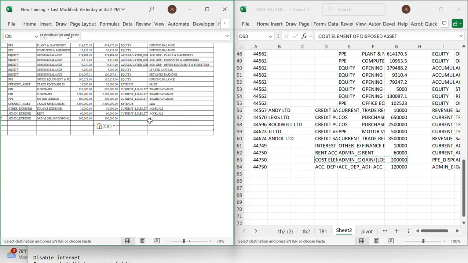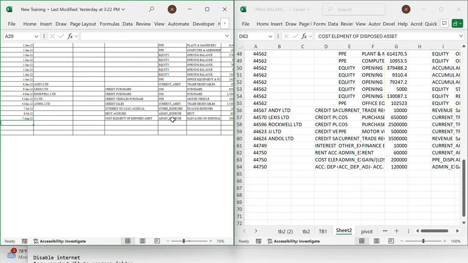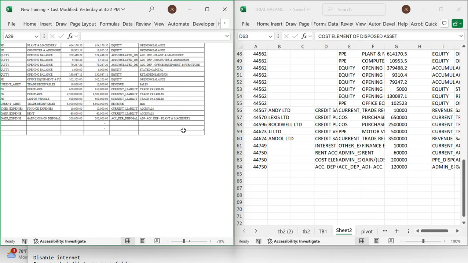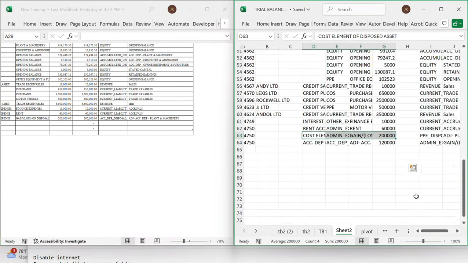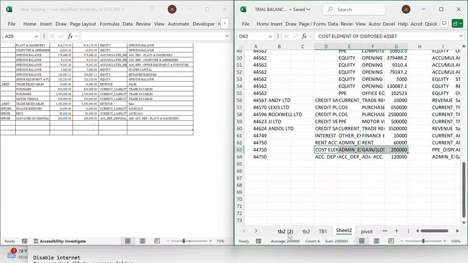So here we are not just going to select accumulated depreciation, but rather we are going to select accumulated depreciation, disposal, and adjustments, right? And here it is plants and machinery. So the moment you select plant and machinery, you are done. So we are done with the first part, the cost elements.